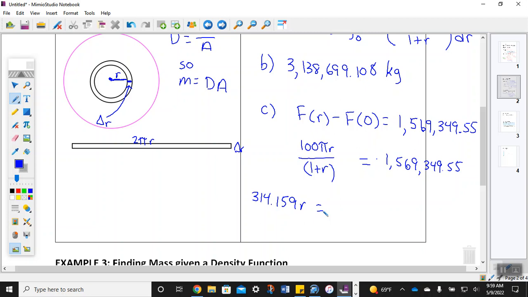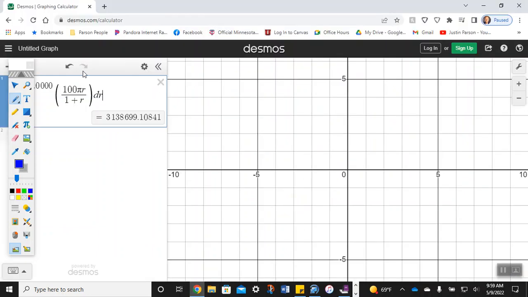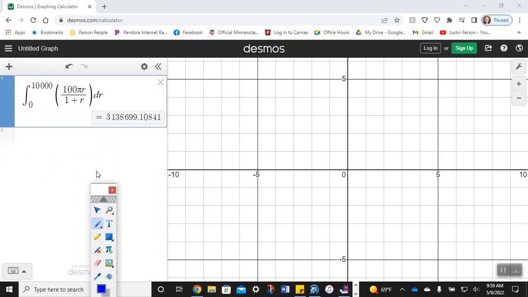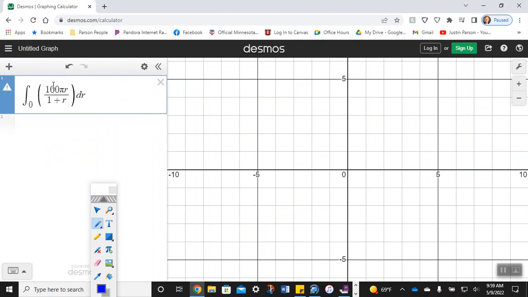Here's what I'm going to do, guys. I'm going to change limits on this. You guys okay with this? Let's maybe look at it this way. What value are we trying to get to? 1 million, 569,000. Okay, let's just go 5,000, because that'd be half, right?